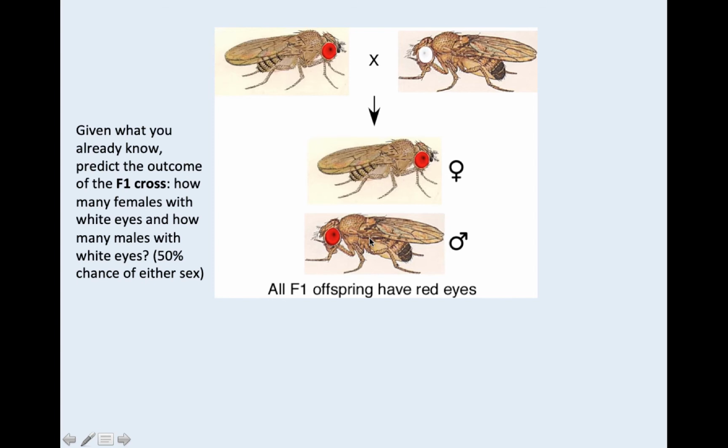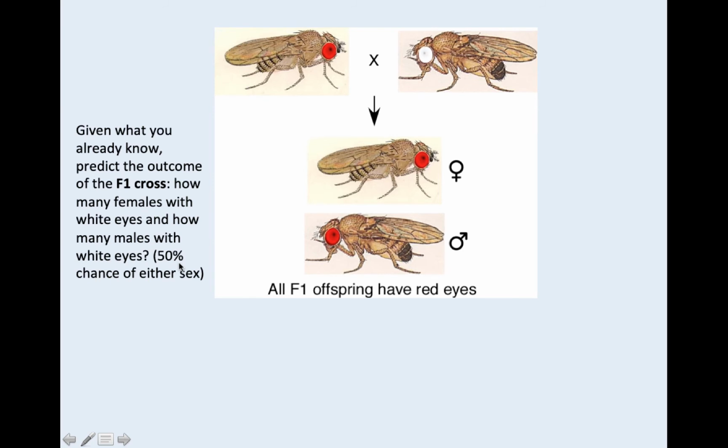We've got a male with red eyes and a female with red eyes. We predicted that everyone would have red eyes. I want you to try and do this now, so what you already know predicts the F1 cross, crossing two F1 together, a male and a female. How many females with white eyes would you expect? And how many males with white eyes would you expect?